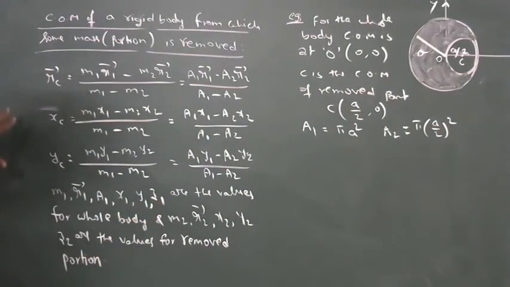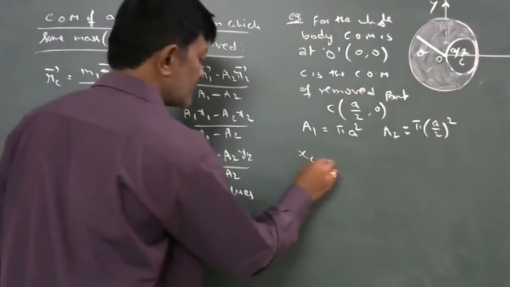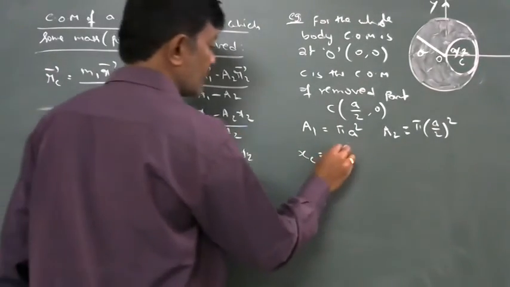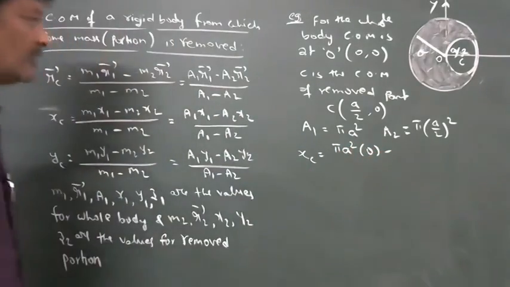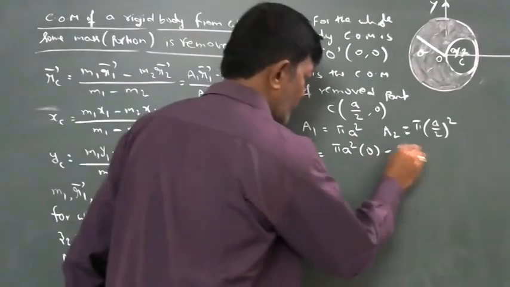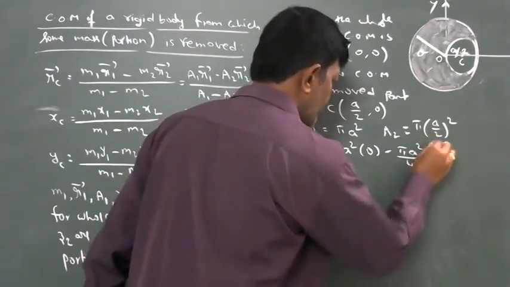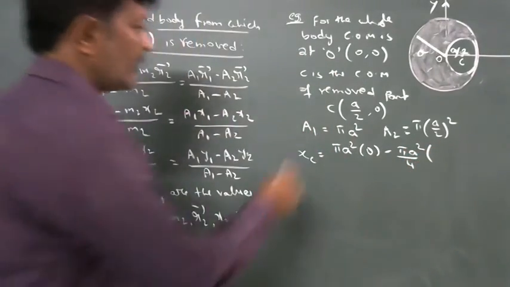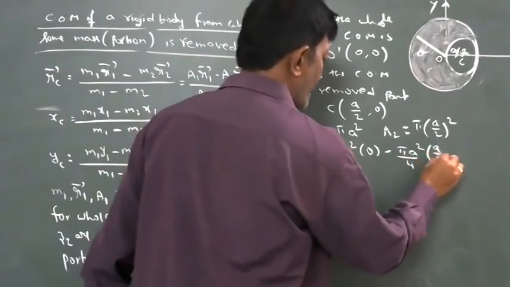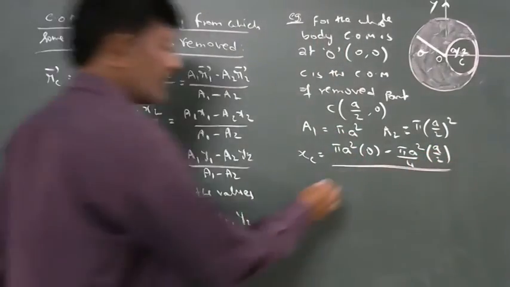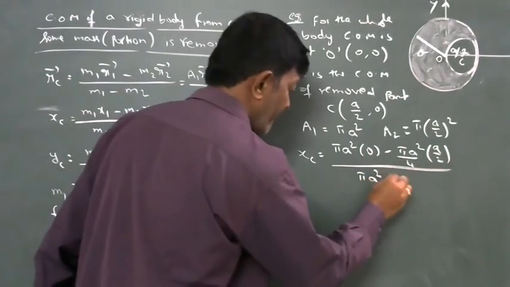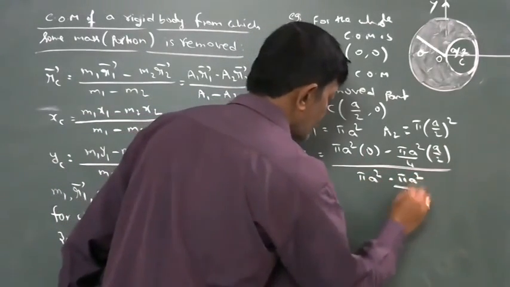Now, apply this formula for XC. XC is equal to (pi a square into x1 which is 0, minus pi a square by 4 into x2 which is A by 2) divided by (pi a square minus pi a square by 4).